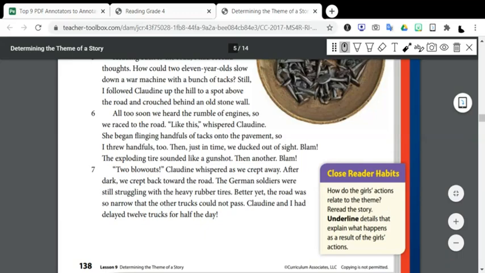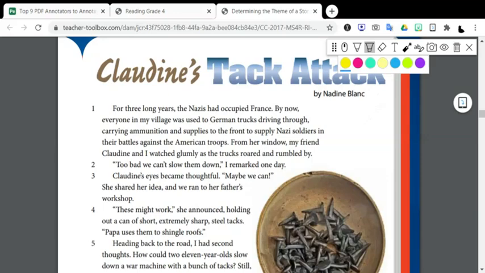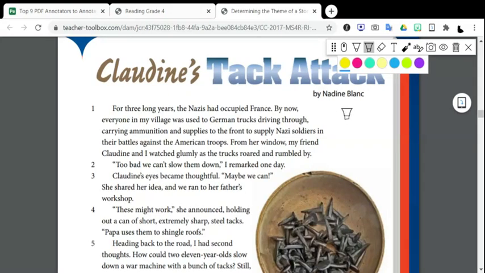All too soon we heard the rumble of engines, so we raced to the road. Like this, whispered Claudine. She began flinging handfuls of tacks onto the pavement, so I threw handfuls too. Then, just in time, we ducked out of sight.